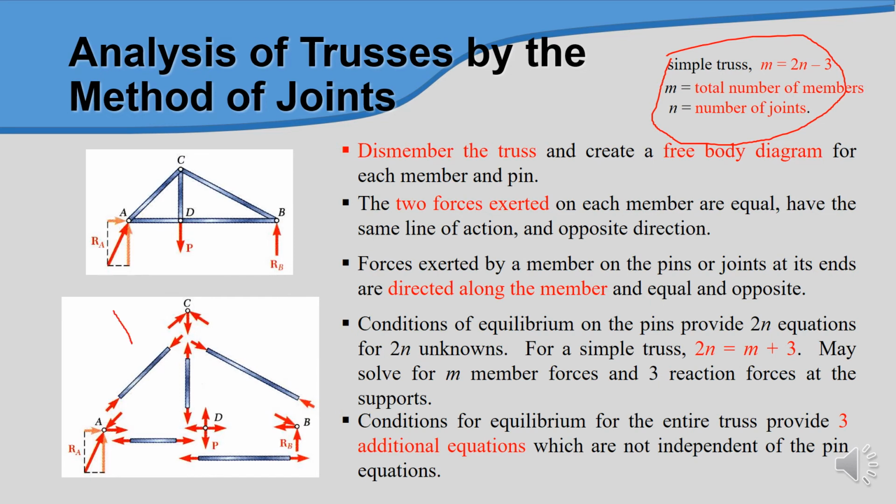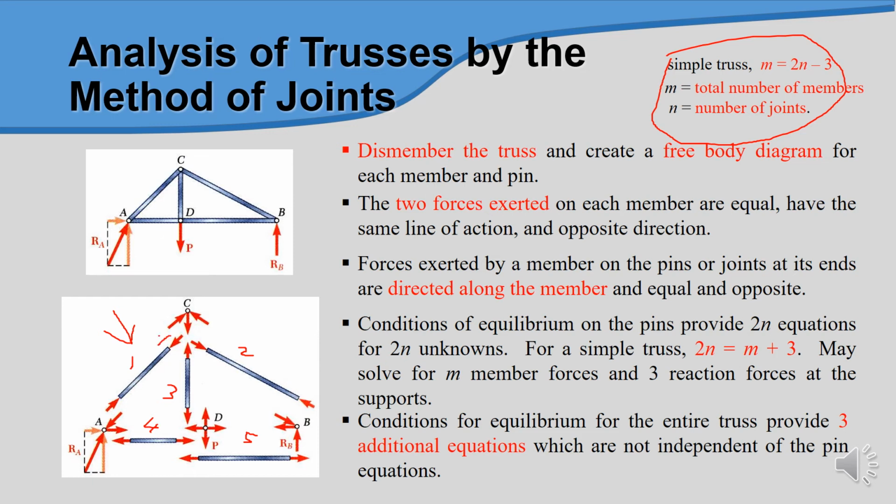So let's see this kind of structure. We have 5 members: number 1, number 2, number 3, number 4, and number 5. If you can see here, the first member acts as a compression.